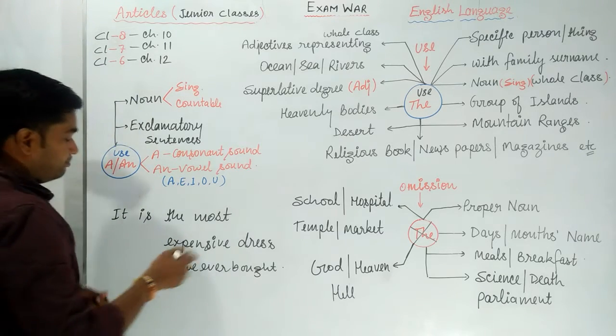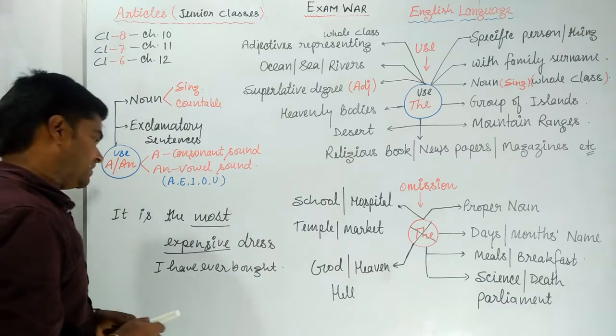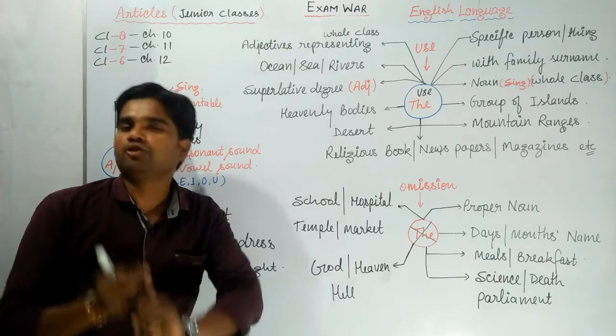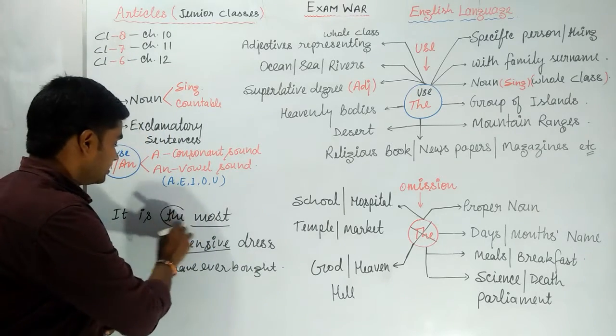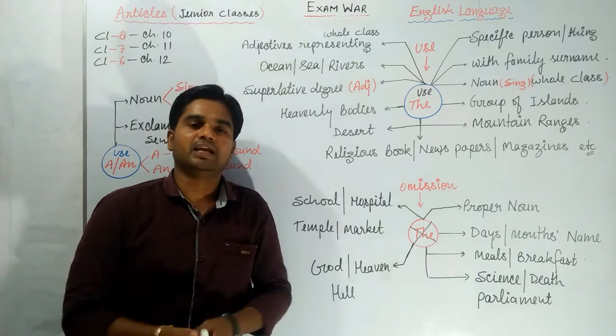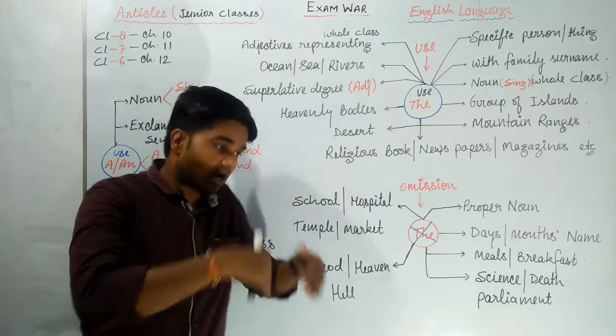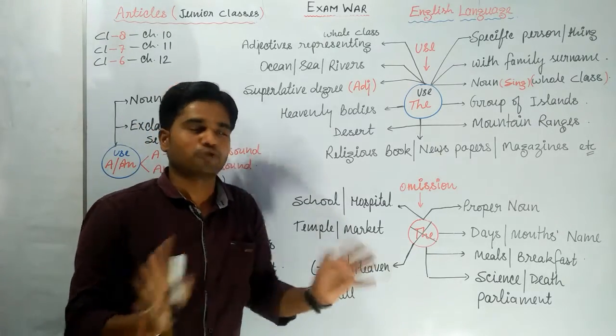So dear students, most expensive is the superlative degree here, and that's why before the superlative degree I used article the here. And dear students, we have already discussed adjectives in some classes, and you also studied them in the previous class. That's why I think there must not be any problem.